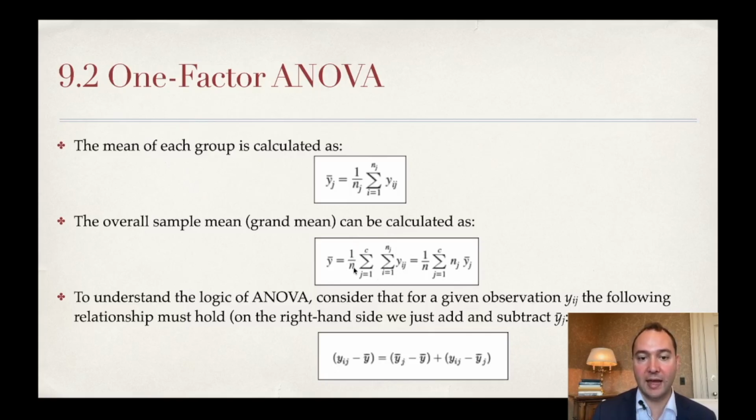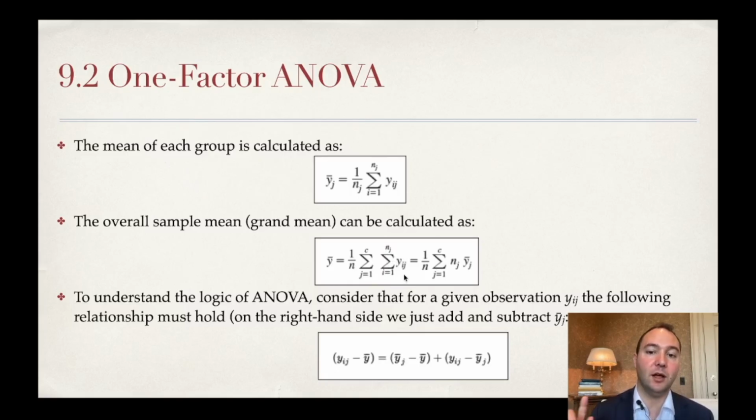We have 1 over n. N is your total sample size. For j to c. C is the number of groups. J is each group. So in other words, for each group, add up for all the groups the next part of the equation, which is yij, meaning for each individual in group j, add them all together.